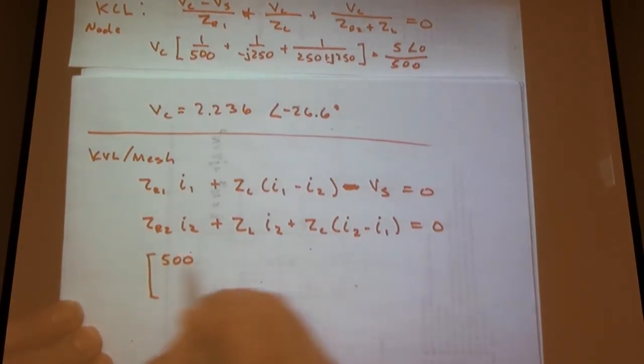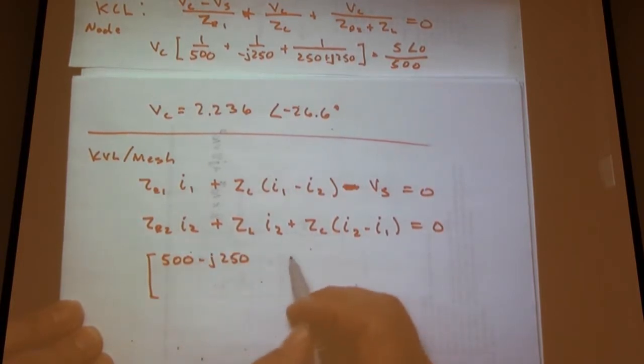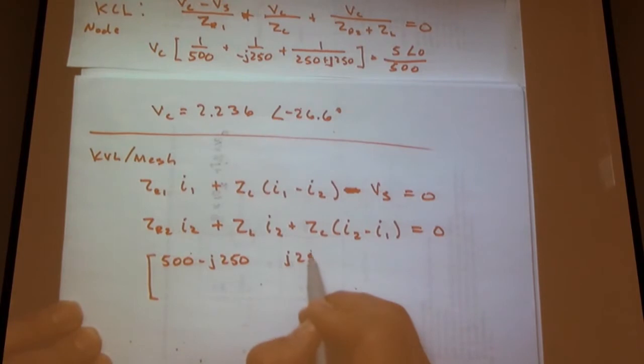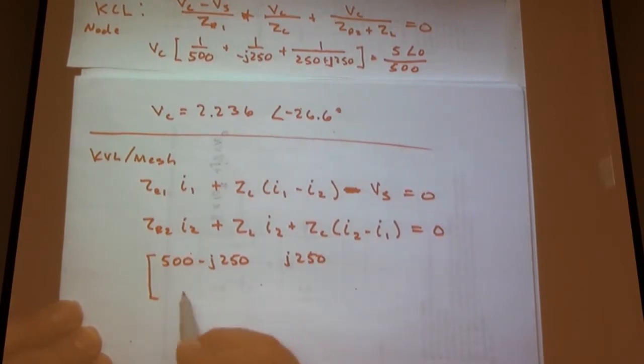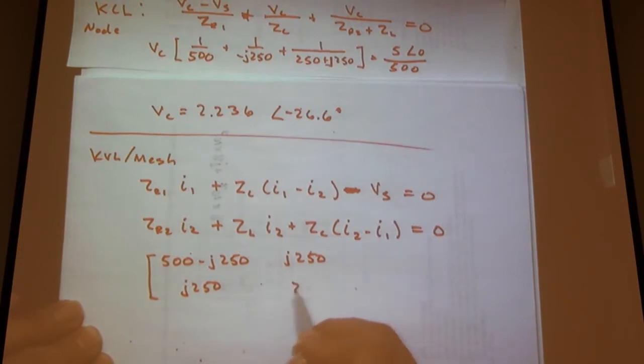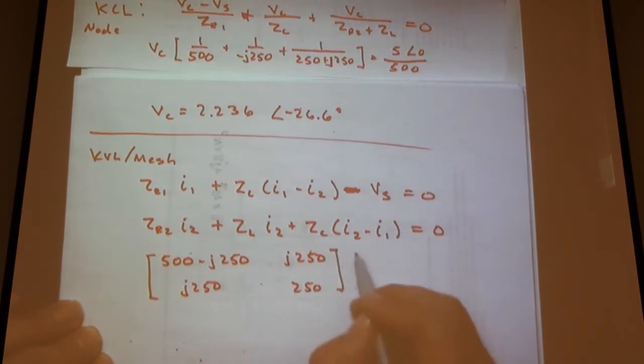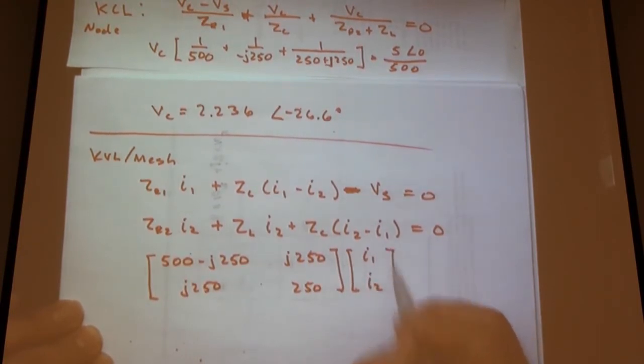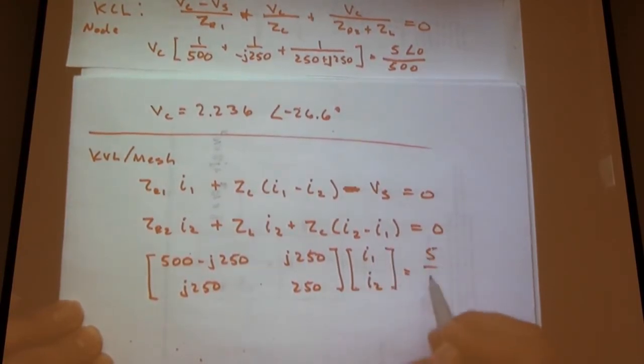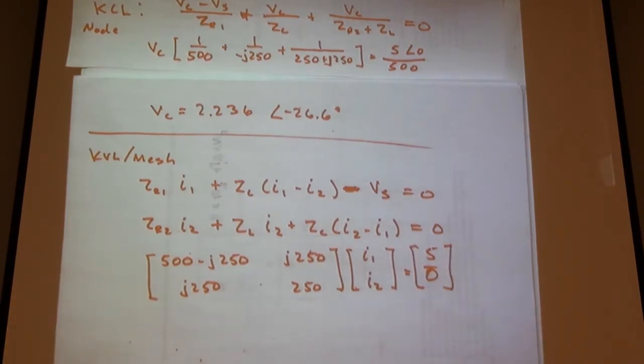So 500 minus J250, J250, J250, and then 250. Just adding everything up. I1, I2 equals 5, 0. And so again, a lot of systems can solve this for you.